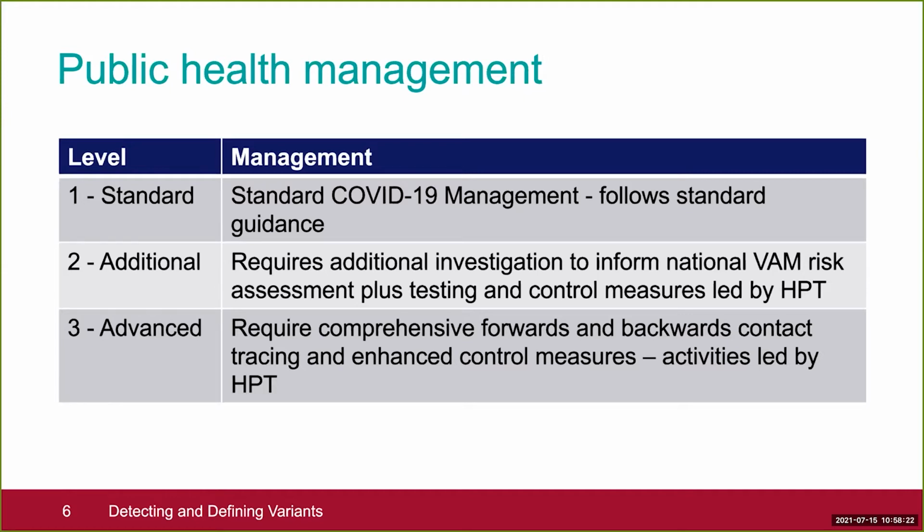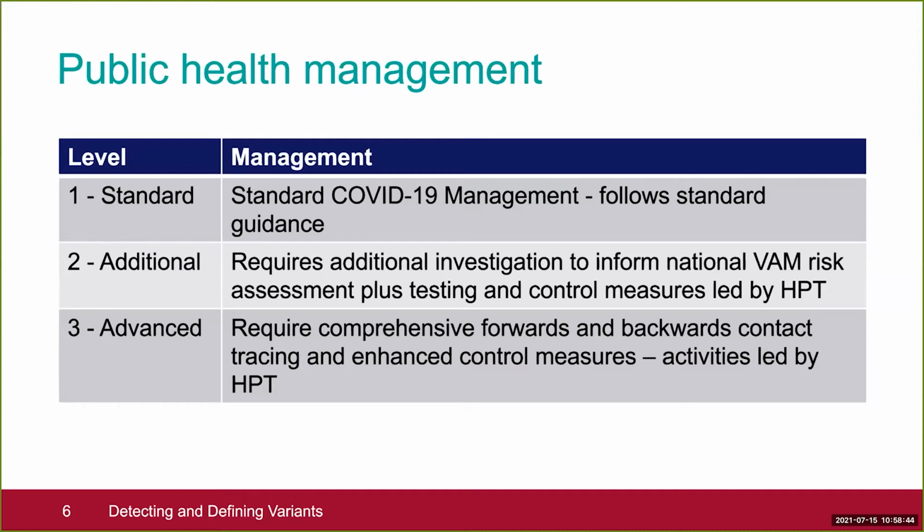One is standard, so that's just the standard COVID-19 management. It will be your isolation, your contacts have to isolate for a certain amount of time. There's no additional action on top of just your normal test and trace. Then you have level 2, which is additional public health management.